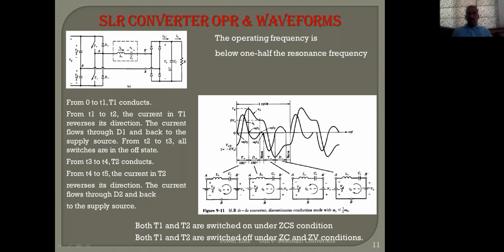V0 is negative, meaning this cathode is at the negative maximum compared to this point in the circuit. So the current flow will be this, in a negative direction, and this inductor and capacitor are releasing their energy.